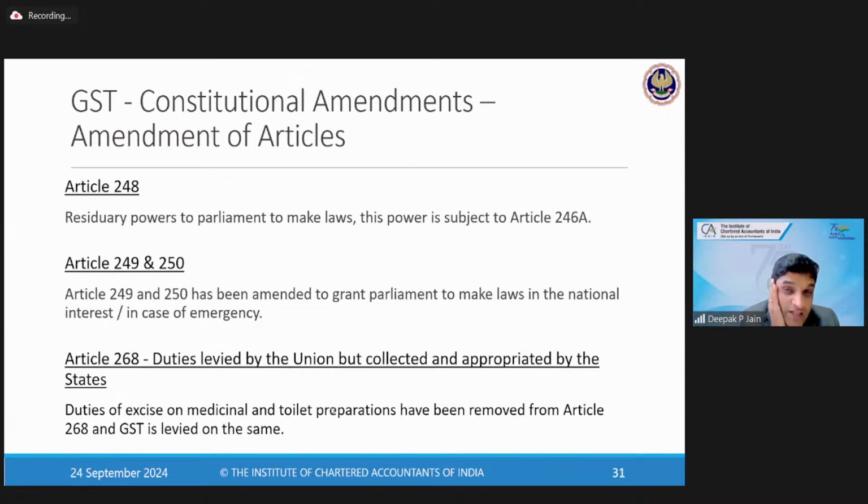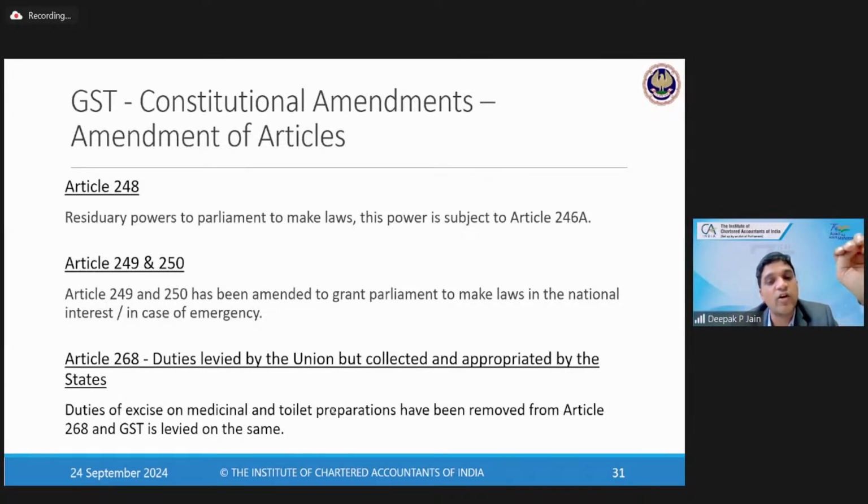Then Article 268 says that duties levied by the union are collected and appropriated by the state. One of those duties was on medical and toilet preparations. Article 268 said that the central government has the power, but a portion will be given to the state. Stamp duty is one among them, wherein stamp duty laws are made by the central government but collected by the state government and retained by the state government itself.